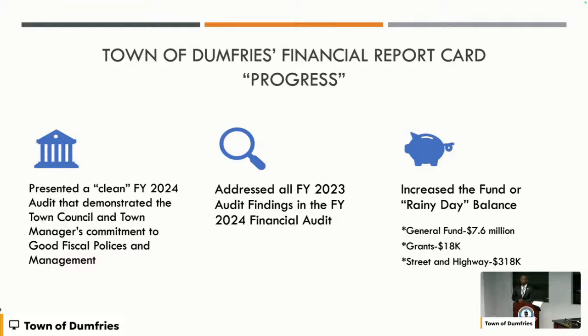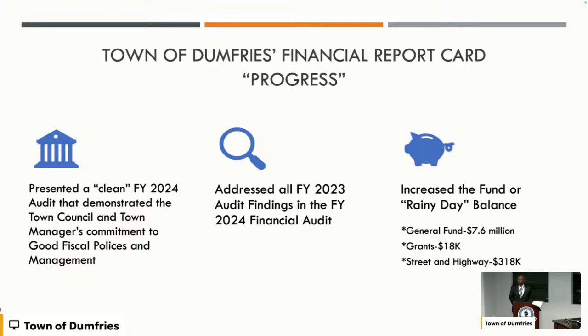And then, more importantly, it showed that the town increased its fund balance tremendously, or rainy day fund. We are now at $7.6 million, grant funds at about $18,000, and streets and highway funds at $318K.